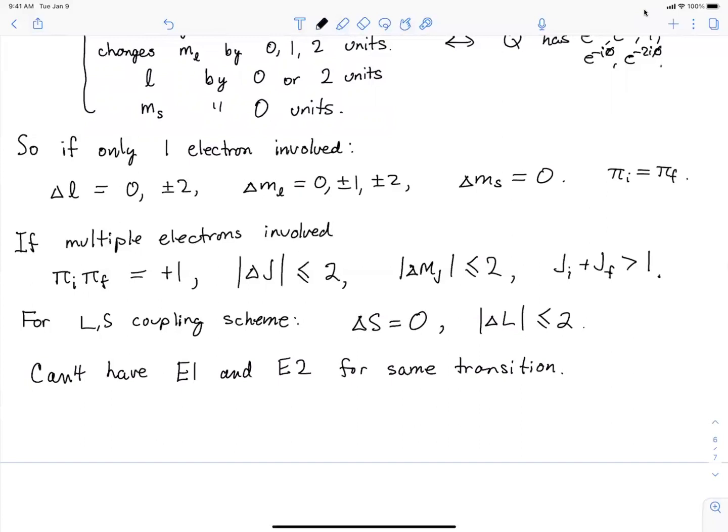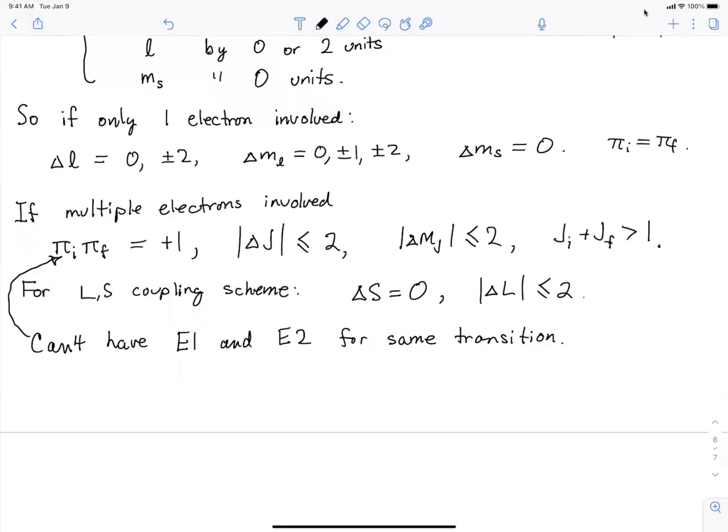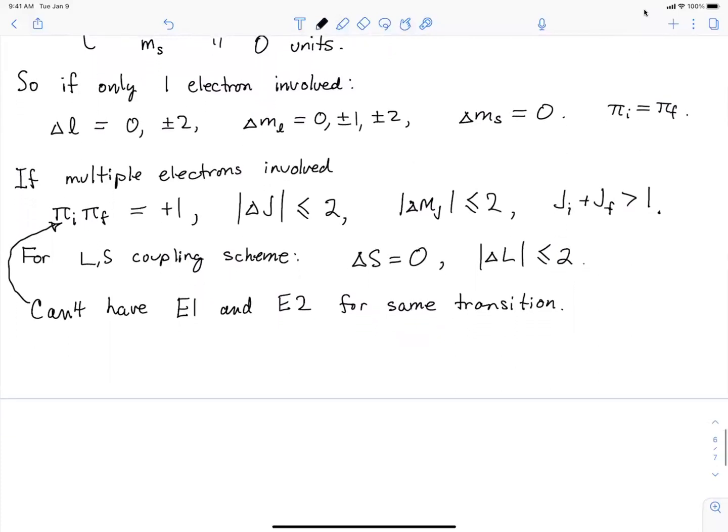The reason that's immediate is you just look at parity. The parity for E1 always flipped. And here, just like for magnetic dipole, the parity never flips. And so they can never happen at the same time. And that's why there's never any interference in that expansion that we're doing.